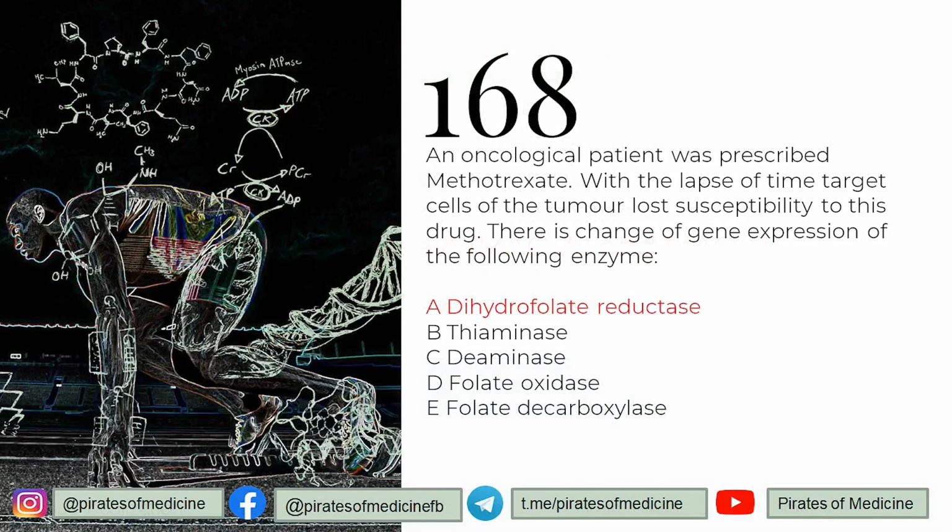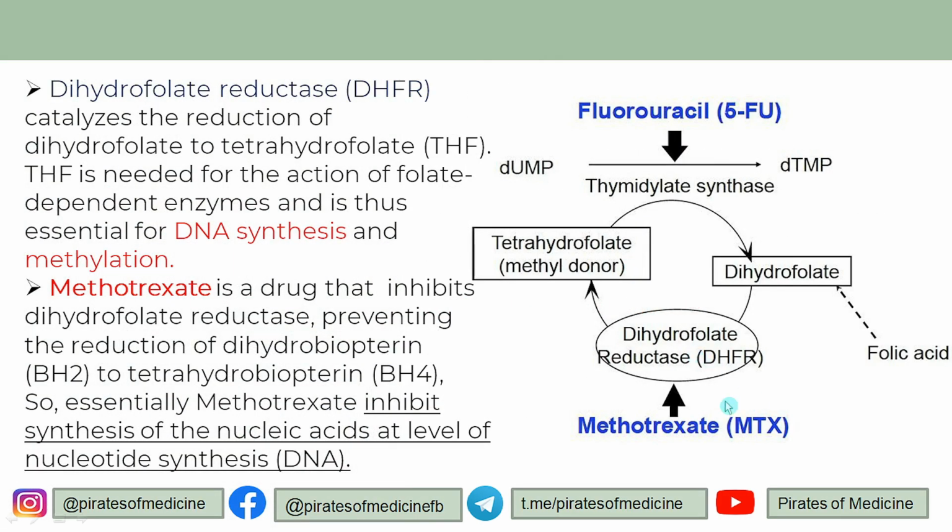168. An oncological patient was prescribed methotrexate. With the lapse of time, the target cells of the tumor lost susceptibility to the drug. There is a change of gene expression of the following enzyme. If you remember, we did this in the first video of the biochemistry series. A quick revision: methotrexate is responsible for inhibiting the enzyme dihydrofolate reductase.